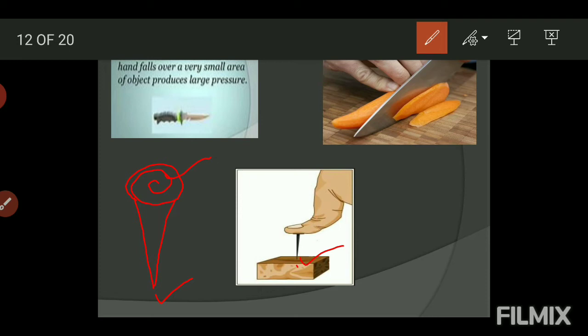So, with a less force, the nail can be pierced inside it. Why? Because the surface area is less, so the pressure increases. This is what we do, and that is why we keep all the piercing things like pins, safety pins, nails with a sharp edge, even the knife with a sharp edge.